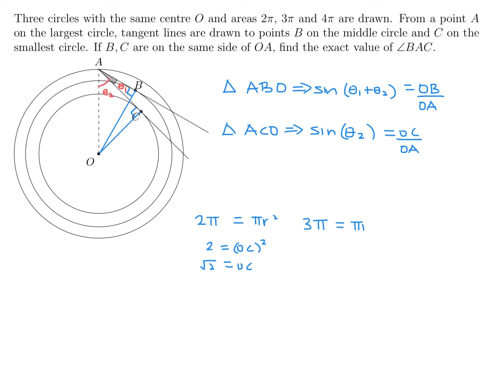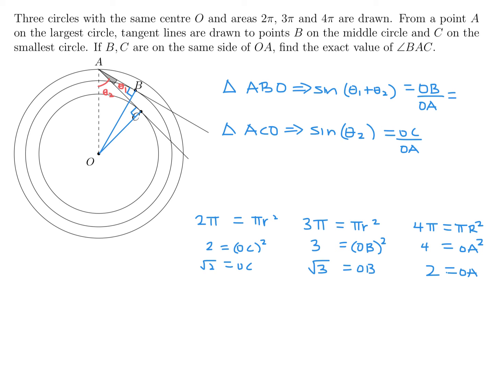So that's also pi r squared. But this time that radius is OB. So OB is equal to root 3. And 4 pi is equal to the area of the biggest circle. And in that case, the radius there is OA. So that means OA is equal to 2. So we have the values.